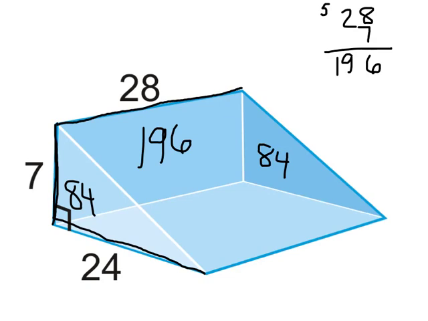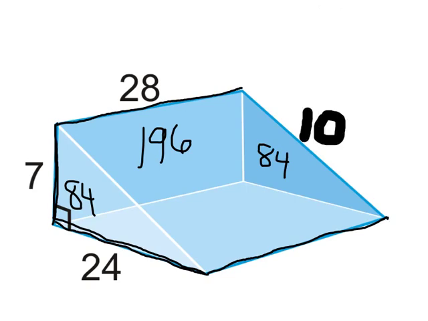All right, let's do the bottom. For the bottom, we have 24 times 28. So 28 times 24. 4 times 8 is 32. 4 times 2 is 8, plus 3 is 11.